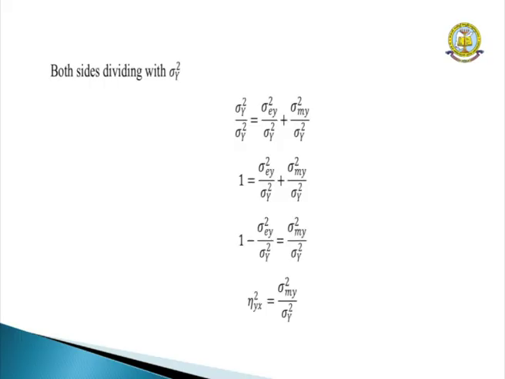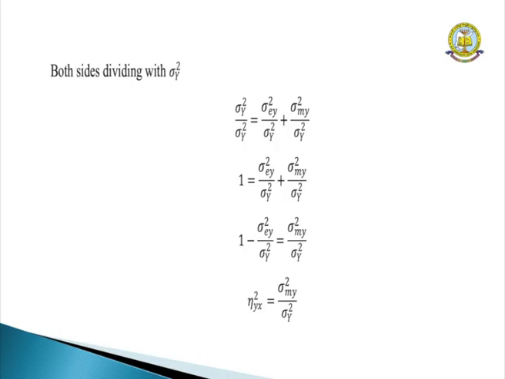If I divide here, sigma square ey by sigma square y plus sigma square my by sigma square y, and sigma square y by sigma square y is cancelled, it becomes 1 is equal to this. Now we can transpose the terms, then it becomes 1 minus sigma square ey divided by sigma square y is equal to sigma square my by sigma square y.